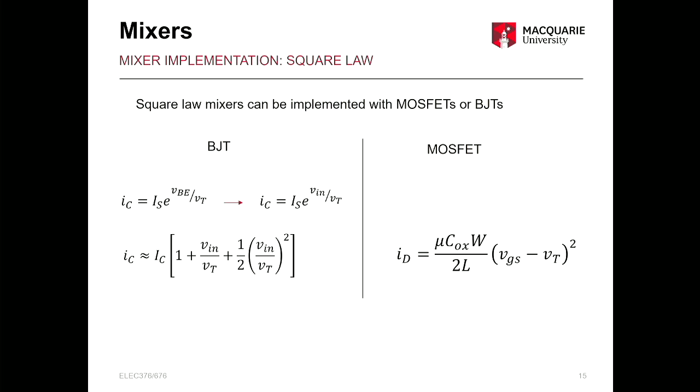So we have seen in nonlinear systems that we can use BJTs or MOSFETs for making the mixer. Which one made a good mixer? Is it a MOSFET or a BJT? MOSFET, because a MOSFET is a square law device. And a BJT is an exponential device, and its nonlinearity can be expanded into an infinite number of terms with an infinite number of powers.